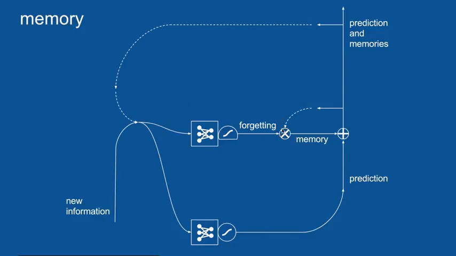And some of them, here's a gate right here, some of them are forgotten, some of them are remembered. The ones that are remembered are added back into the prediction. So now we have not just prediction, but predictions plus the memories that we've accumulated and that we haven't chosen to forget yet. Now there's an entirely separate neural network here that learns when to forget what. Based on what we're seeing right now, what do we want to remember? What do we want to forget?